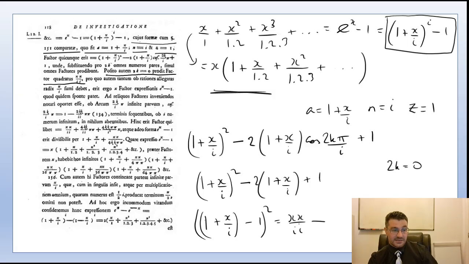We can see that it's actually x over I which is a factor, rather than xx over I. So it's exactly the same adjustment that's made there in section 151, but we need to make a further adjustment, because notice the factor here that we see is x. So this factor that we've got from this technique, x over I, needs rescaling. So we're going to multiply it by I.